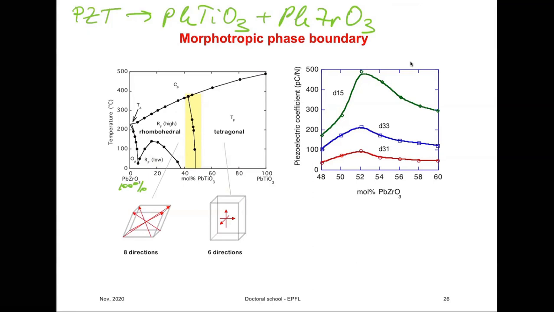The definition doesn't say anything about having large properties, but it is assumed today that if you have a morphotropic phase boundary, you would have large properties.